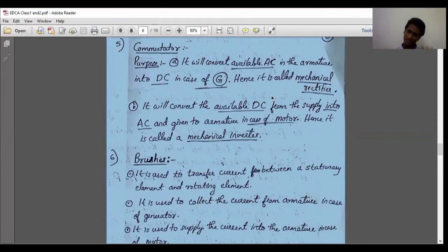So if I apply DC, before entering into the armature, it should be converted to AC. At that time, DC is converted to AC by our commutator, and in this case, it acts as a mechanical inverter. Clear? Both these points have already been discussed.